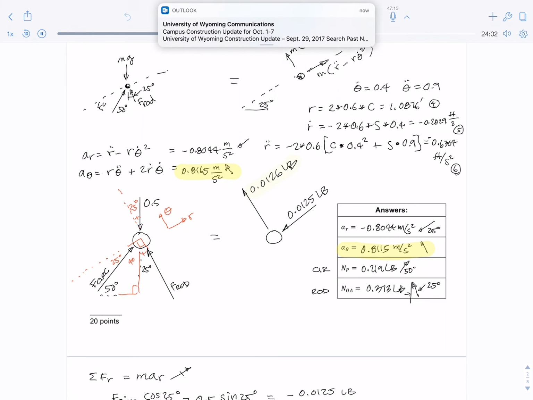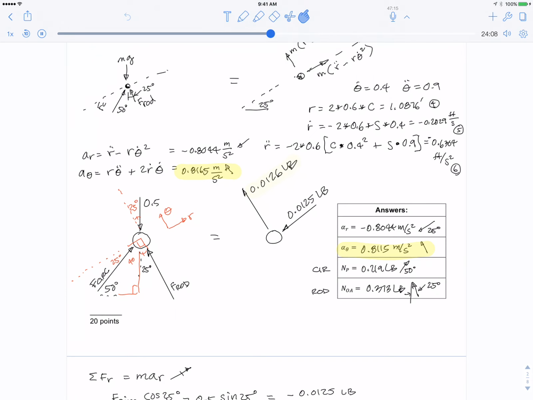But amazingly, everything else was right. And what saved me was these forces are so small. So the error I made in A theta changed this number, but these were so small that it didn't change the answer except in the thousandth place. So I actually got the forces right.